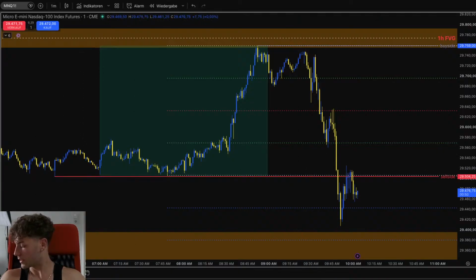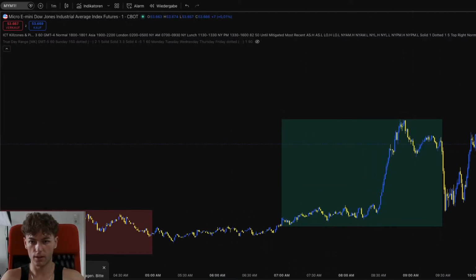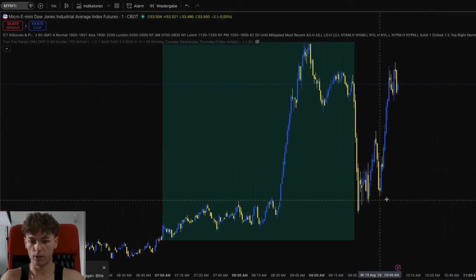So NQ is trading lower, taking out pre-market sell side, while S&P 500 and Dow are actually moving to the upside. If you look at MES for a second and Dow, this is Dow. Dow is accumulating lots of sell side in here.